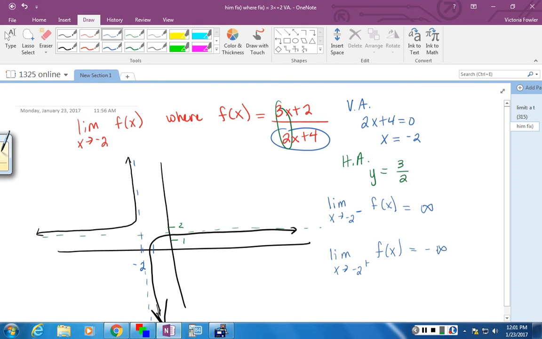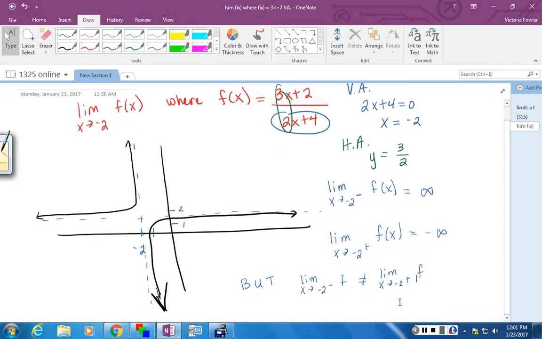So the limit actually doesn't exist, recall, because the left-hand limit does not equal the right-hand limit. So I'm going to note that. All right, those two don't equal each other, so I'm going to write: therefore, the limit as x approaches -2 of my function f does not exist.